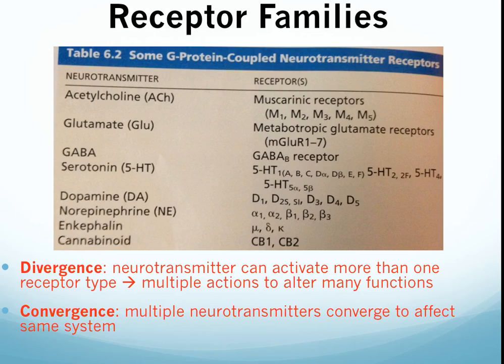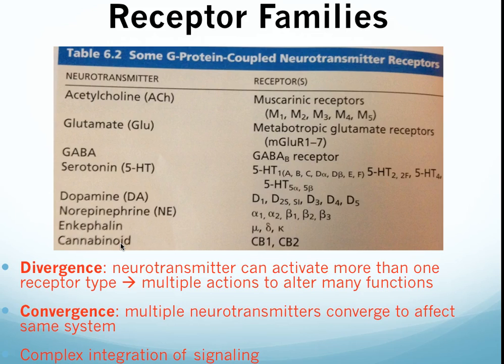So depending on what types of receptors are in which places, we can have a bunch of different neurotransmitters that either converge on the same function, or sometimes compete with each other, or produce very separate actions. So the take-home message is it's really complicated.